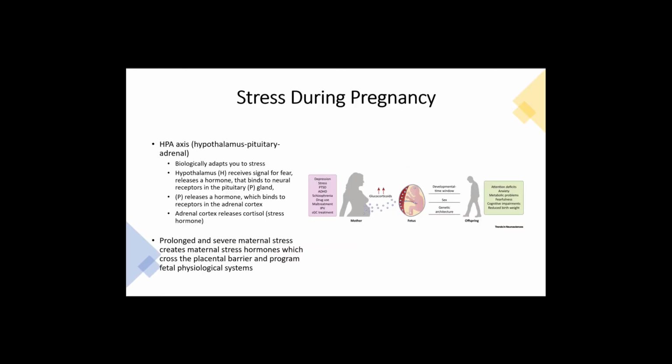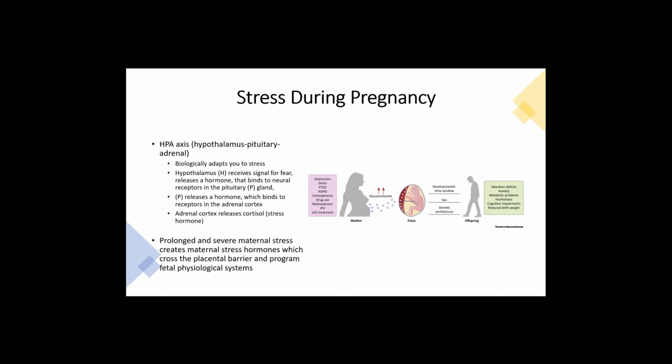So I want to look at stress during pregnancy, and that's the HPA axis, the hypothalamic-pituitary-adrenal axis. This is one way that stress, that intergenerational trauma, is passed on from parents to their children, their offspring. Basically, during pregnancy, and this is in broad strokes, mothers will release, as I stated before, a stress hormone called cortisol.